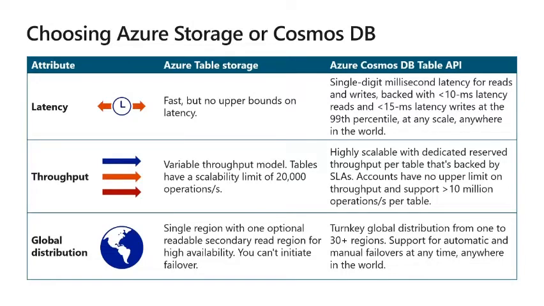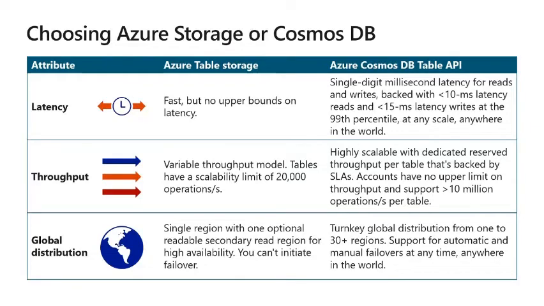That is too big. Throughput. Variable throughput model: tables have a scalability limit of 20,000 operations per second, whereas Azure Cosmos DB is highly scalable with dedicated reserved throughput per table that's backed by SLAs. Accounts have no upper limit on throughput and support more than 10 million operations per table.